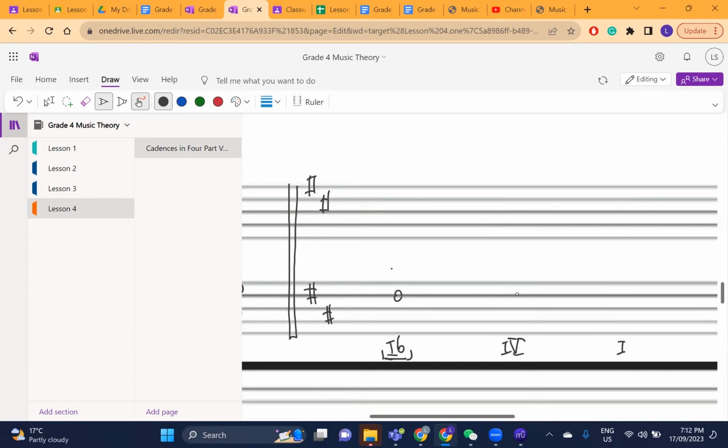Okay. 1, B, B, B, A, G, A, and because I'm feeling creative, I'm gonna double A. Why not?